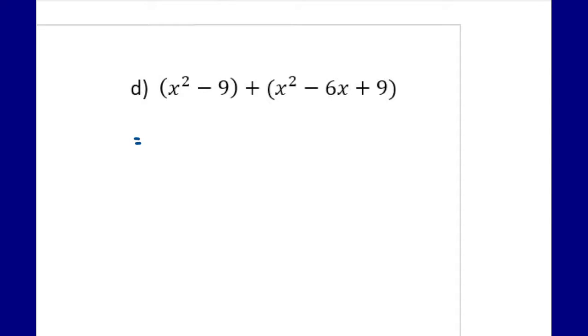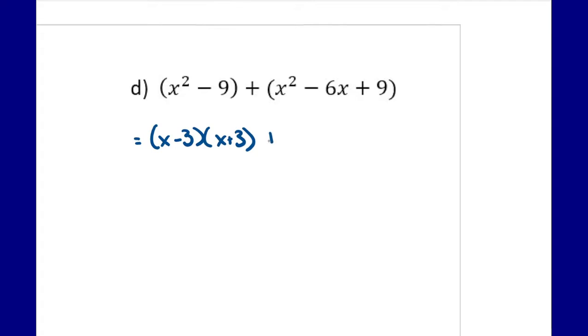So the first bracket, we should recognize that it's a specific type of expression or polynomial. In this case, it is what we call a difference of squares. So a difference of squares actually works out to a specific factor, which we'll look at in the next lesson. So again, that's why I'm saying don't get too disappointed if you don't quite get this part.